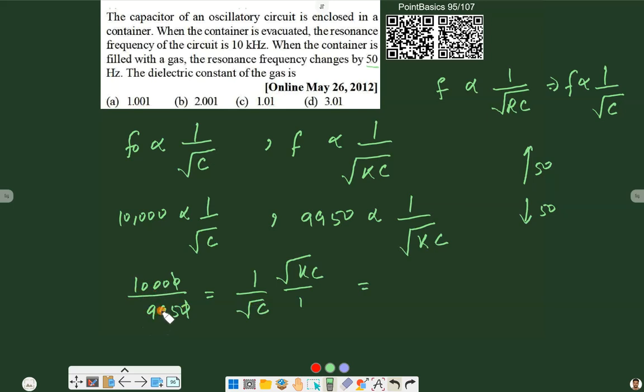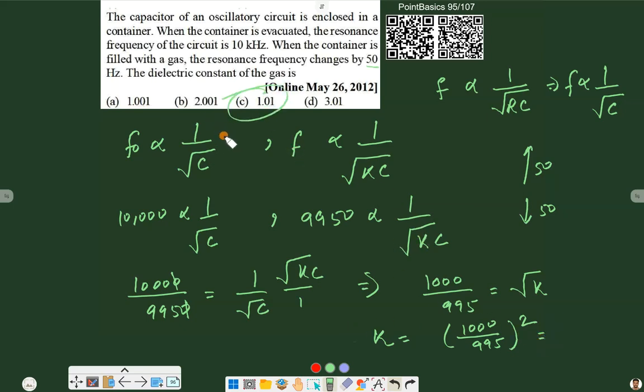This is 1000 by 995, so this will be approximately 1, and this side will give us under root K. So K will be the square of 1000 by 995. When you solve this, our final answer will be option C, 1.01.